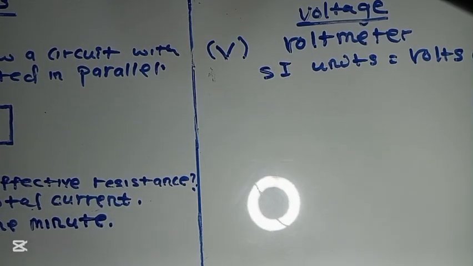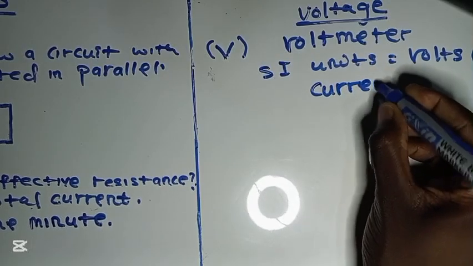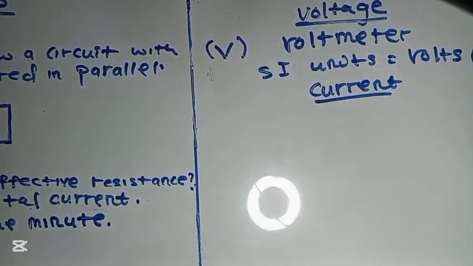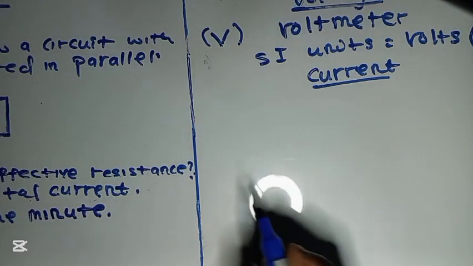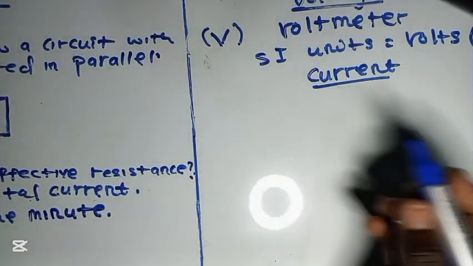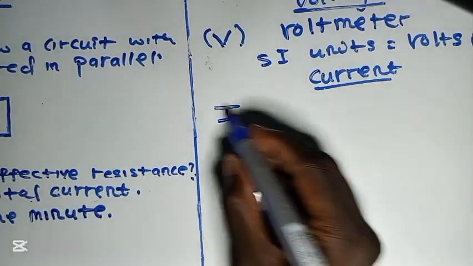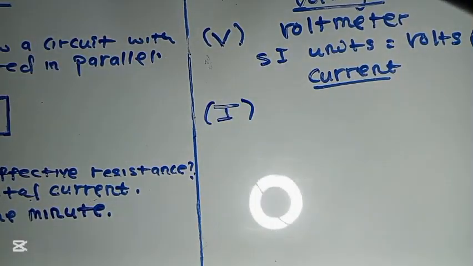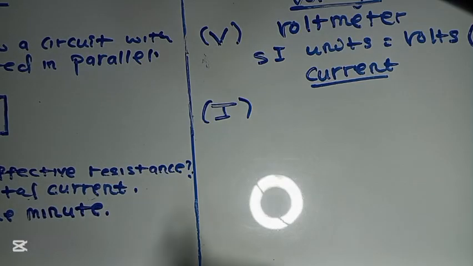Then we move on to current. We defined current as the rate of flow of charge. It is represented by capital letter I. When we see capital letter I, we know that is current.